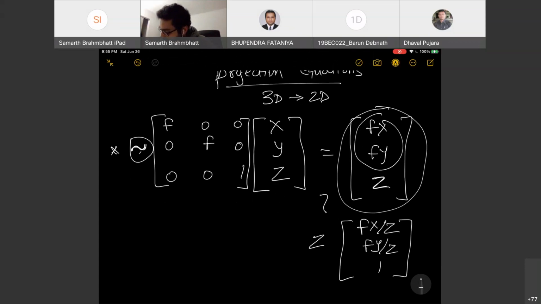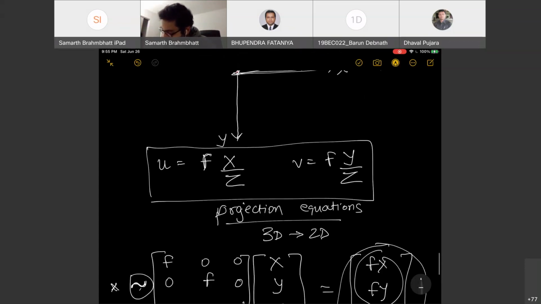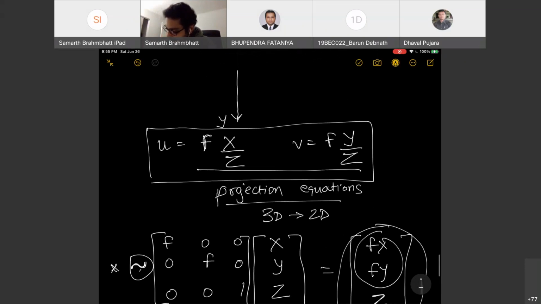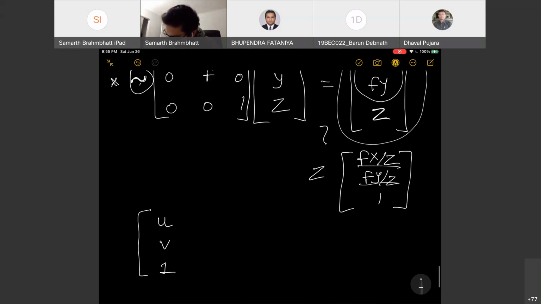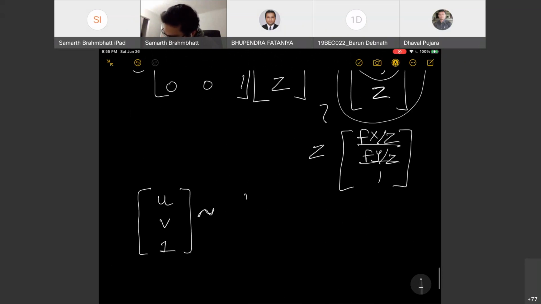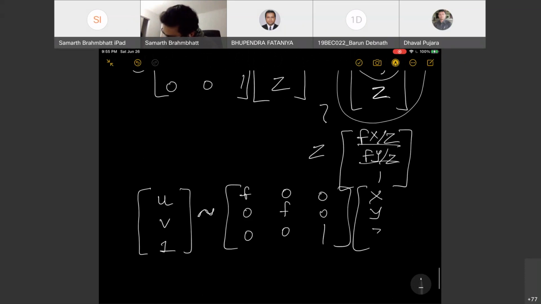And these things are exactly what we had over here. So what this becomes is our u, v, and 1 is homogeneous equivalent to x, y, and z.